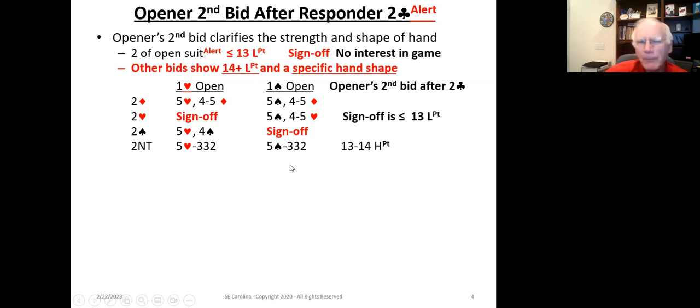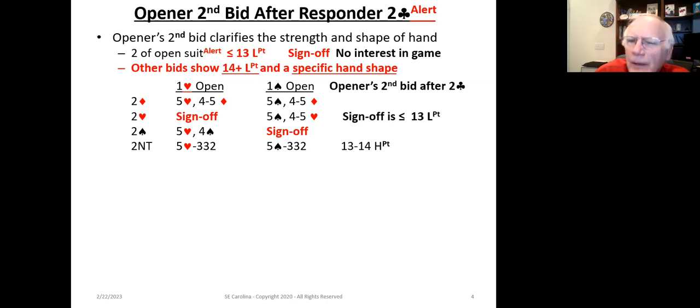Now, if they bid 3 no trump, this is interesting. The opener is saying very specifically that they have 5 cards in the major and that their shape is 3-3-2 in the other suits. And they have exactly 13 or 14 high card points. Why is it 13 or 14? Because that says we're probably just shy of having enough points in no trump to make 3 no trump.